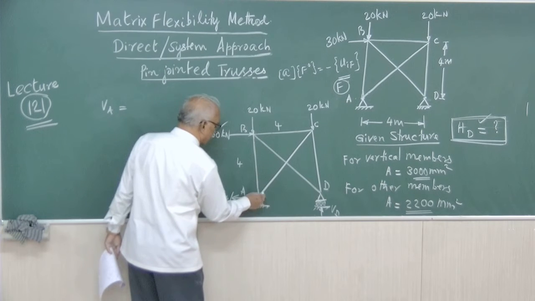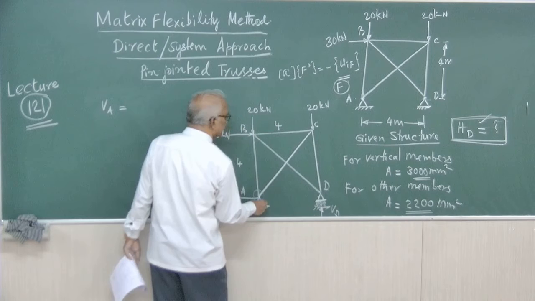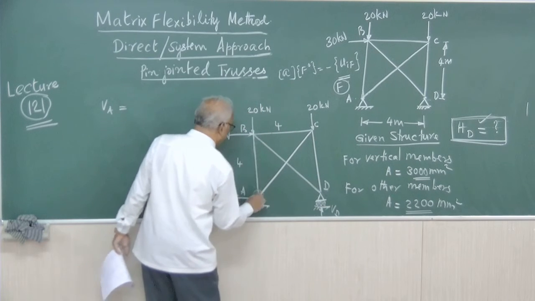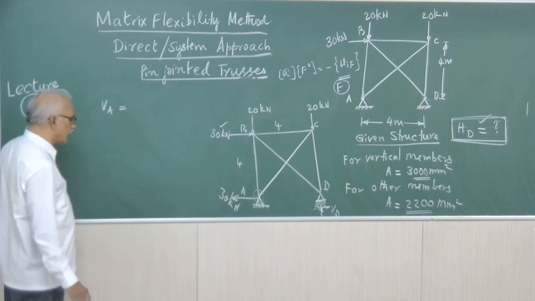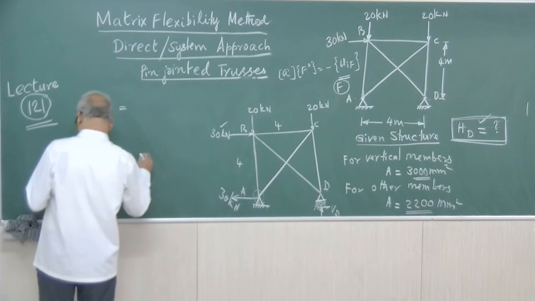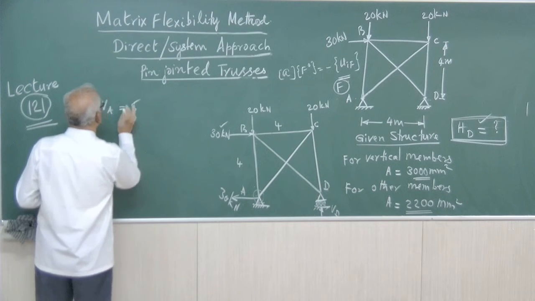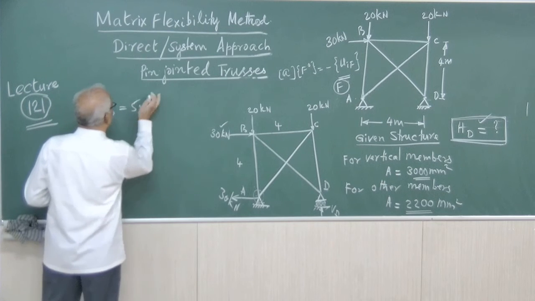When you take moment about A, VA will cause a moment, VA into 4 meters, 20 into 4 meters, and the 30 passes through the point, so that will not cause any moment. Considering all these things, we will find VA, actually it is VD, equal to 50 kilonewton.